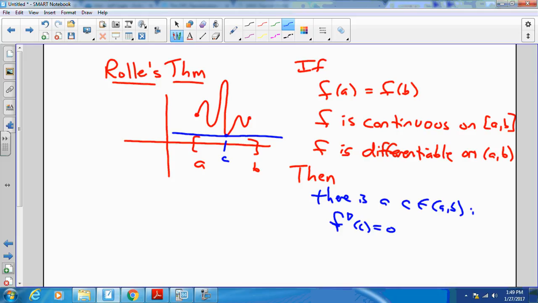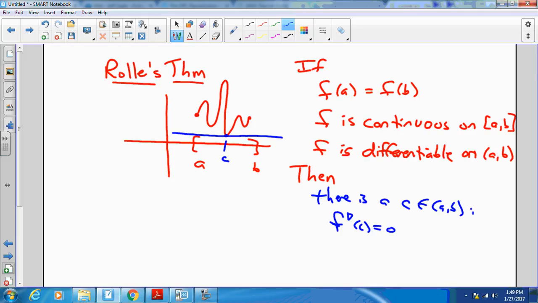Now, first we want to tackle why this is true, and then we would like to come back and show exactly how we use this, or what it is good for. Okay, why is this true?